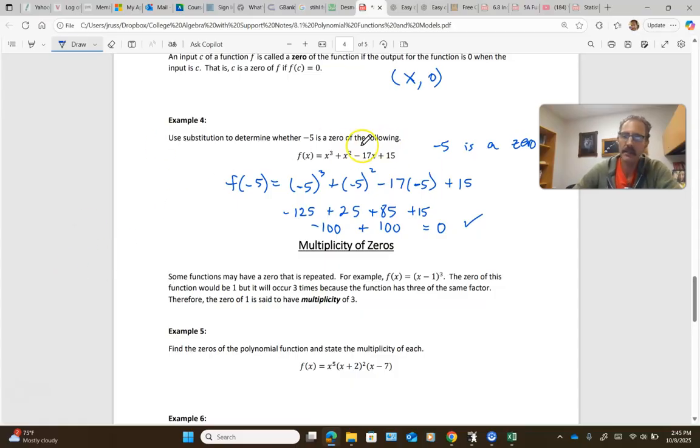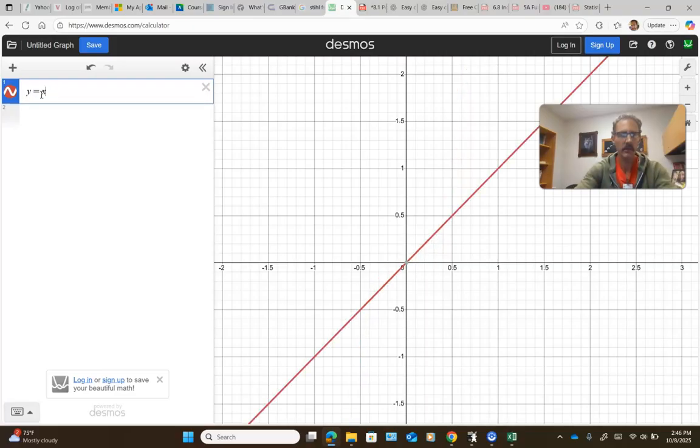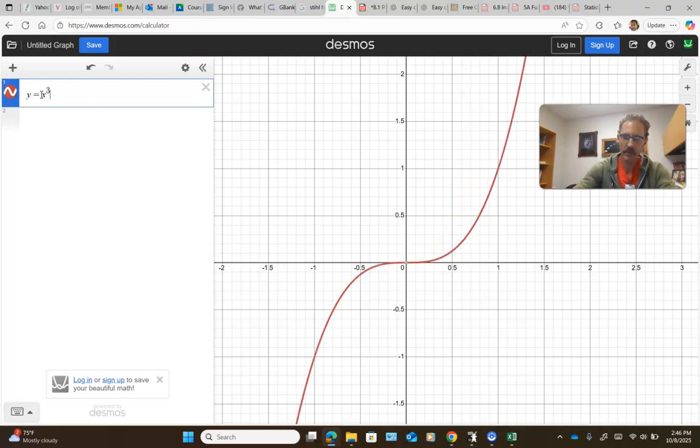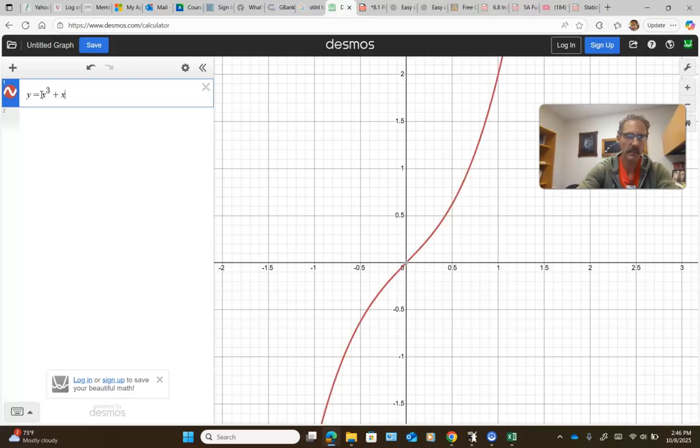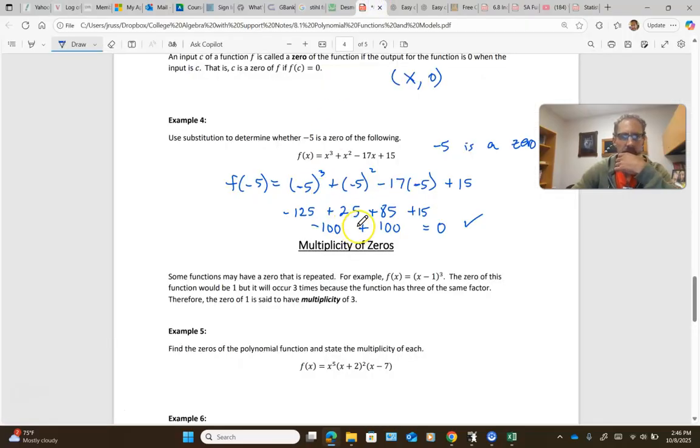And graphically, that means that if you were to graph, and we can do this real quick, x cubed plus x squared minus 17x plus 15.